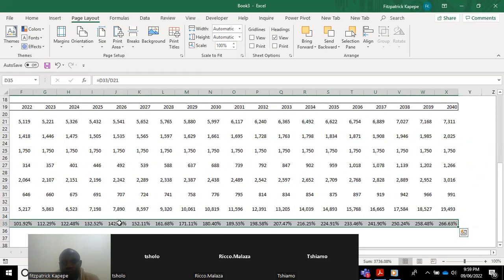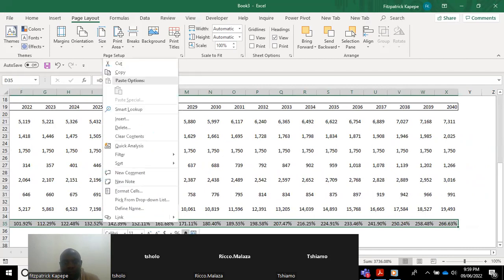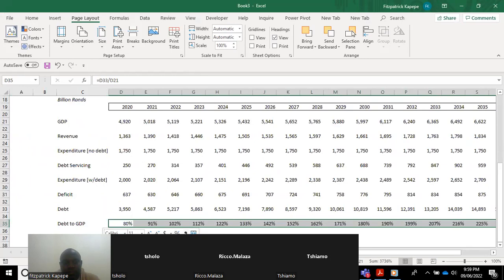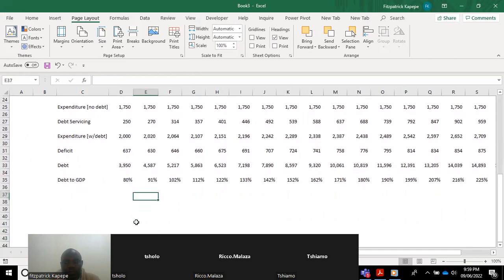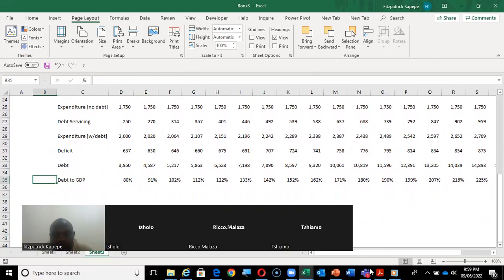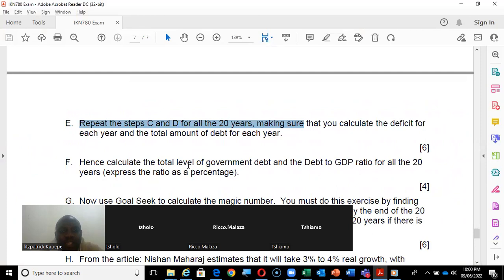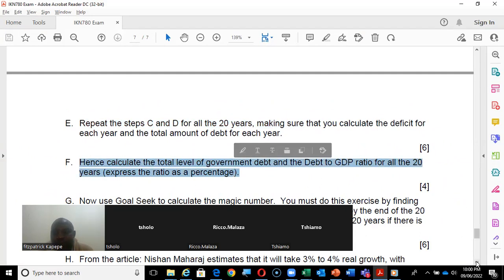Hence, calculate the total level of government debt and the debt to GDP ratio for all the 20 years. Express the ratio as percentage, which we have done.